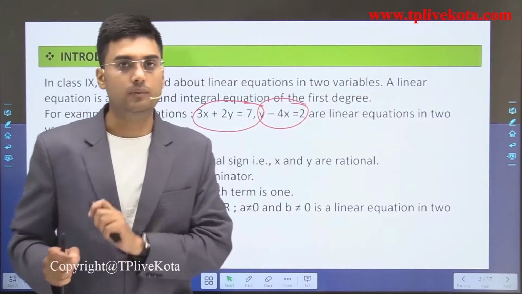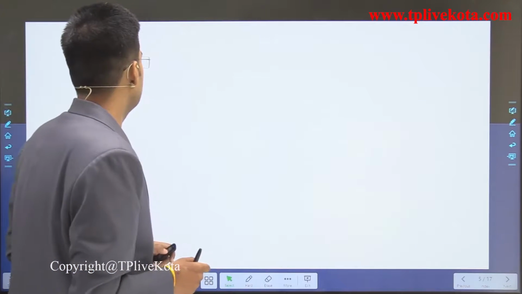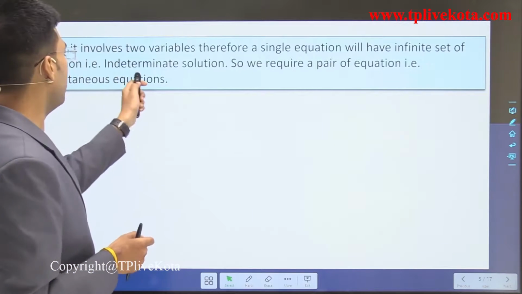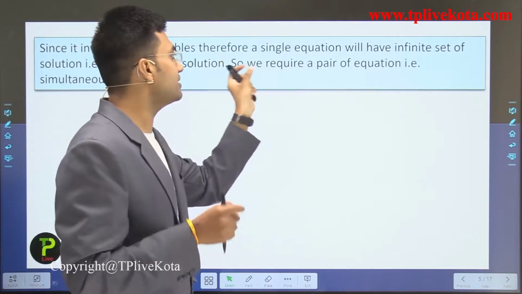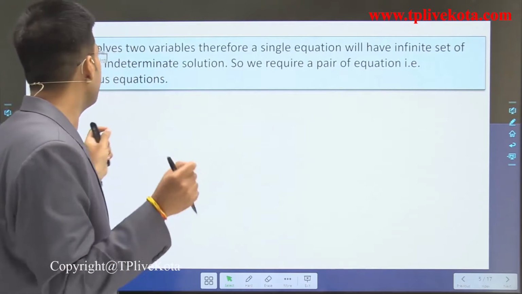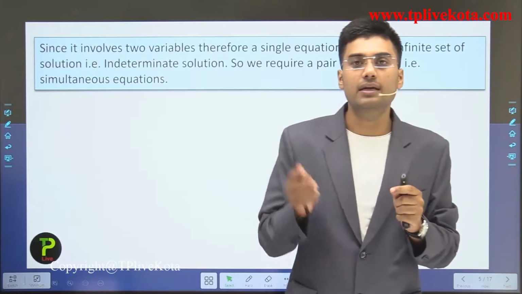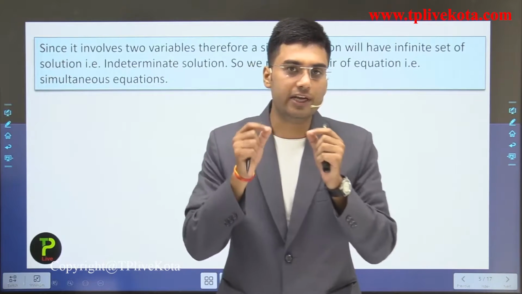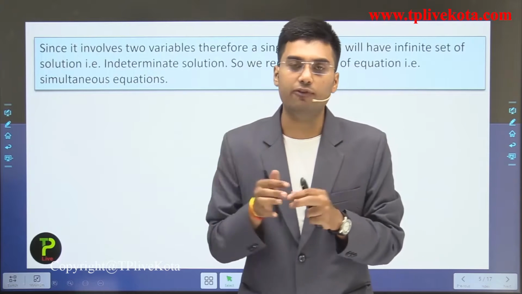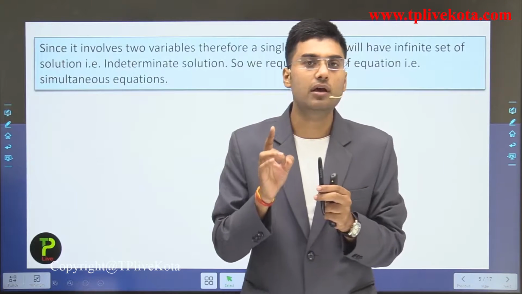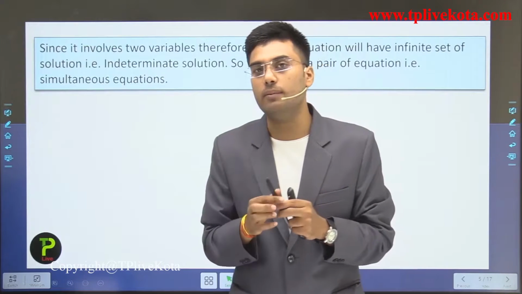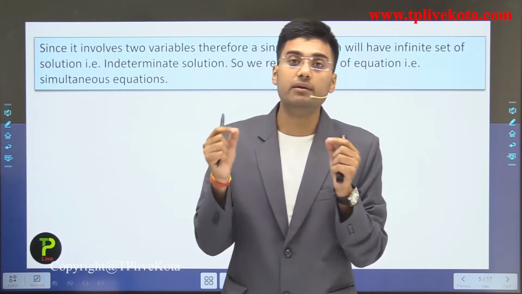Clear? Since it involves two variables, a single equation will have an infinite set of solutions. We already discussed in class 9 that a single linear equation in two variables has an infinite number of solutions.